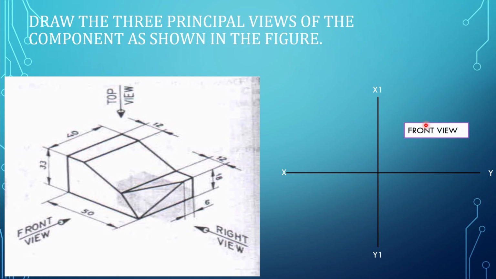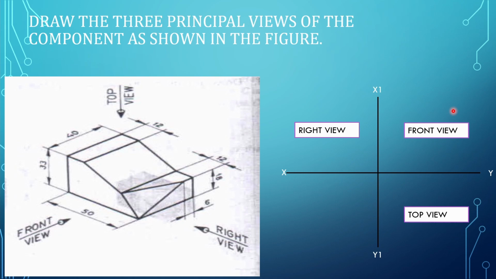In the first angle projection of drawing, the top view will be seen below this front view, in this plane. Next, the right view. Whenever an observer views it in this position, then the right view will be seen on the left side of the XY line like this.